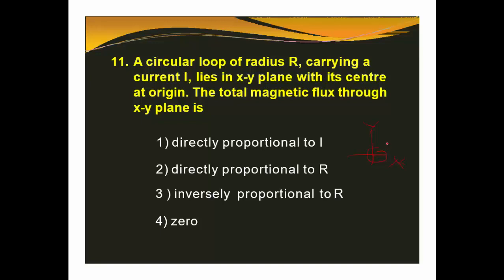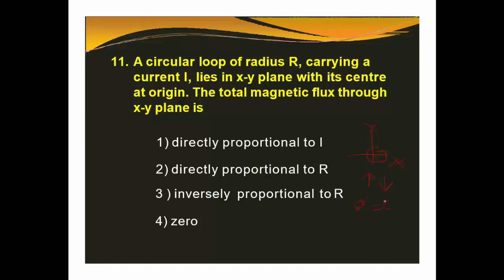Here the simple knowledge is that the total flux could be proportional to I, proportional to radius, inversely proportional to R, or it is 0. Before going to think here, if you take any plane, how much flux enters, the same flux leaves. It means the total flux is 0.